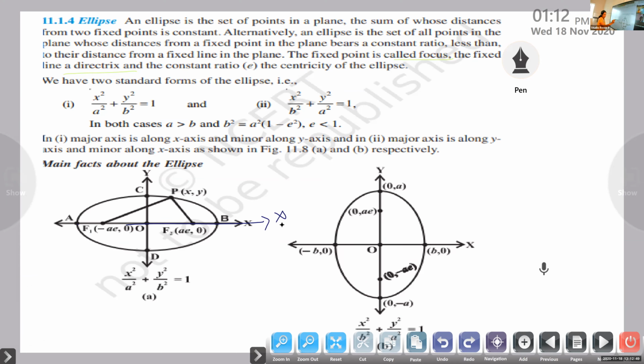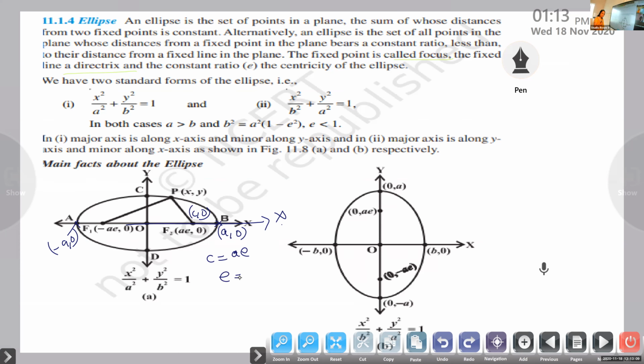The points where it cuts the x-axis, the major axis, we call vertices. So vertices are given by (a, 0) and (minus a, 0). And the focus is given by (c, 0), and c is equal to ae. What is e?